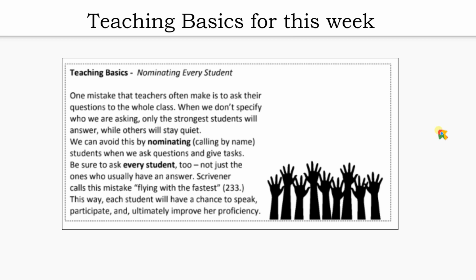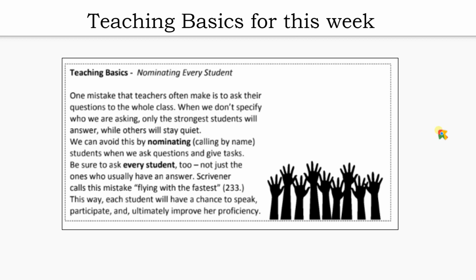And this is important not simply because we need to involve everyone and talk to everyone, but also because the opposite of this would be asking the whole class at once. And when you do that, you tend to get answers from the same people.